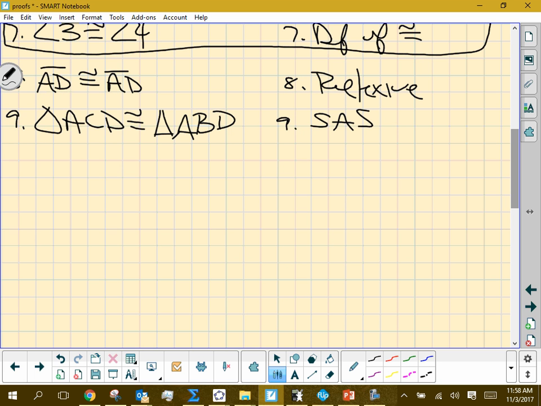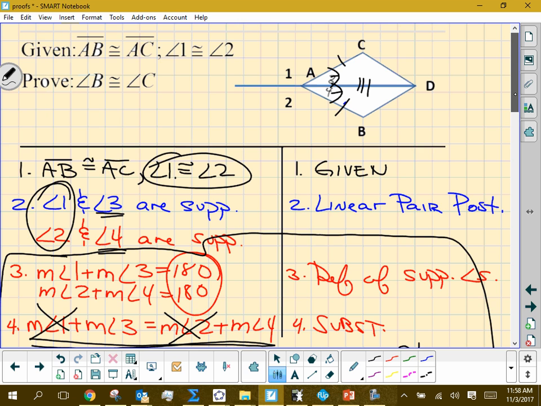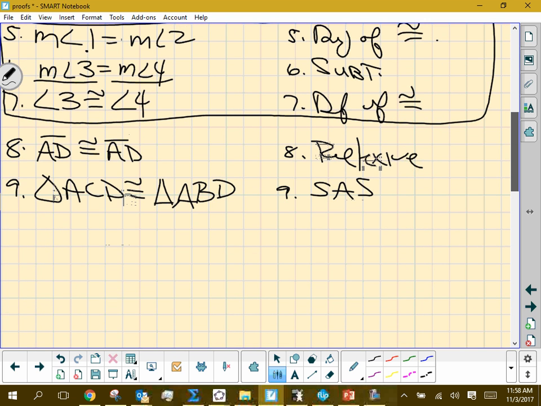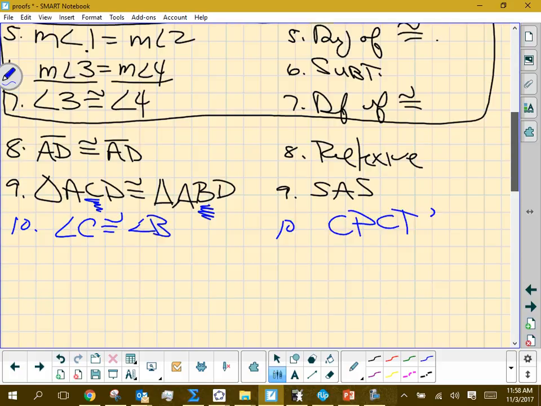And they wanted us to prove not that, but that angle B was the same thing as angle C. Is angle B corresponding to angle C? Angle C is congruent to angle B.